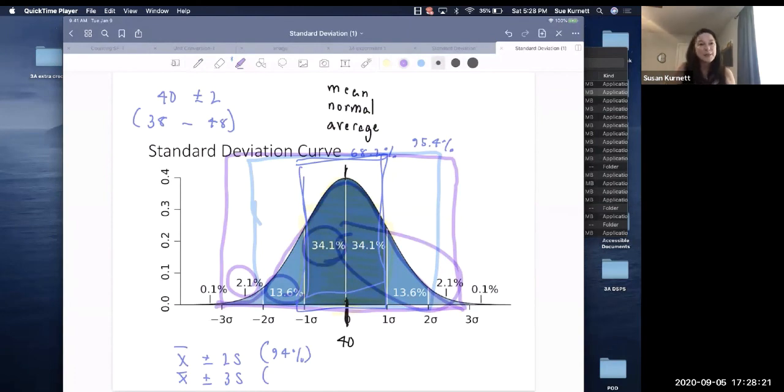That's 99.6. That is most things. So if you ever meet somebody who is 4 standard deviations away from normal, that's a very rare person. That is not typical. The whole idea of a standard deviation is I'm reporting an average that is typical. Plus or minus 1 standard deviation means it's typical for like 68% of all the chances.